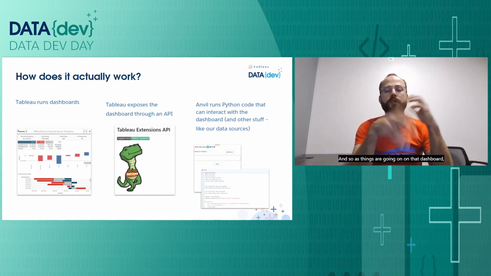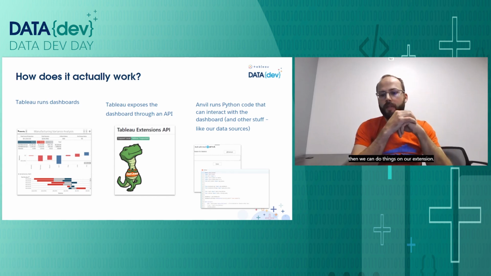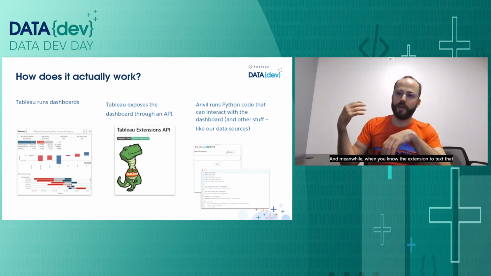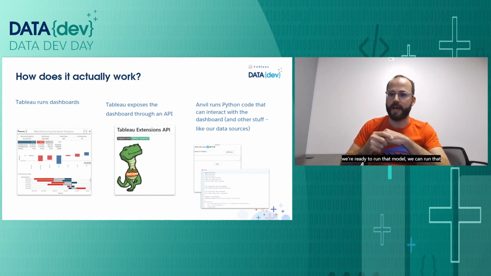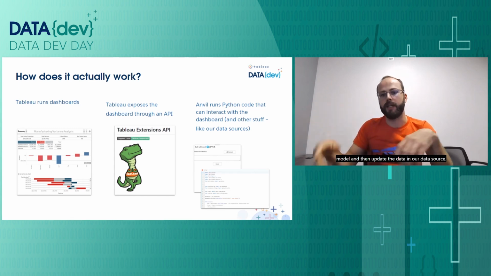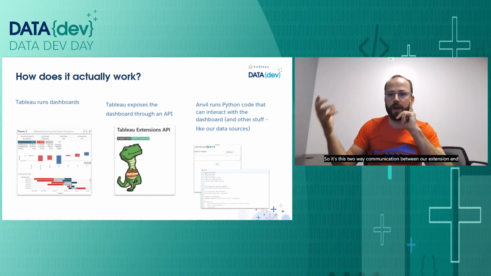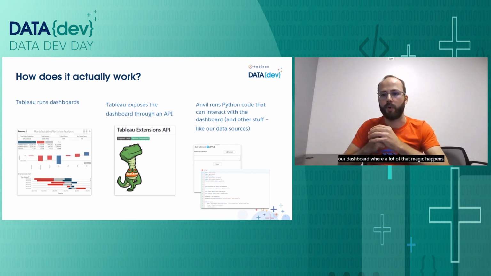And as things are going on in that dashboard, we can do things in our extension. Meanwhile, when the extension detects that we're ready to run that model, we can run that model and then update the data in our data source. So it's this two-way communication between our extension and our dashboard where a lot of that magic happens.